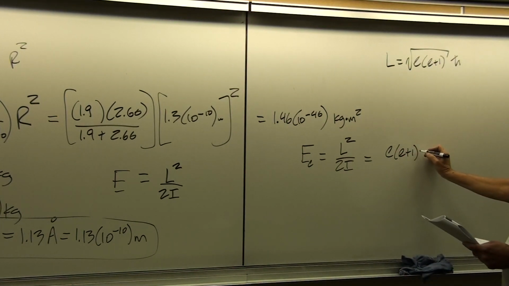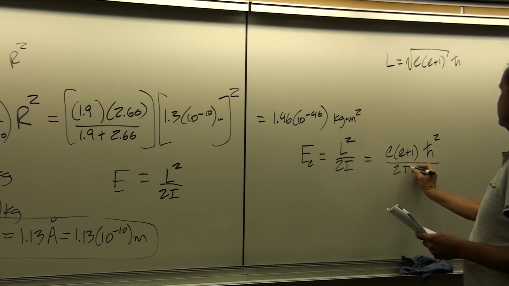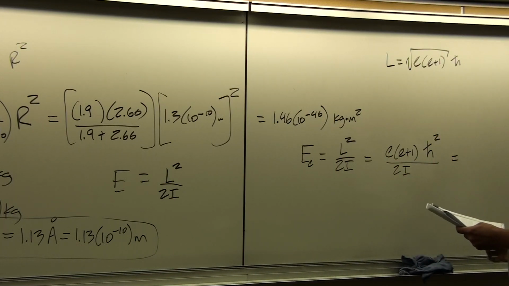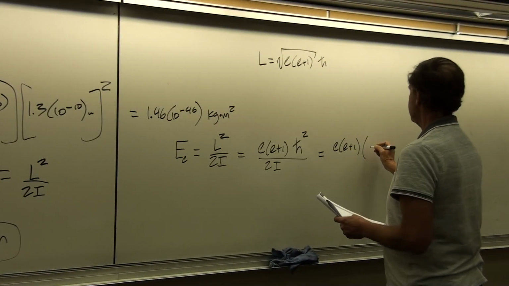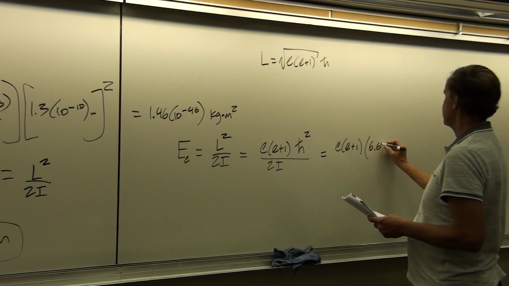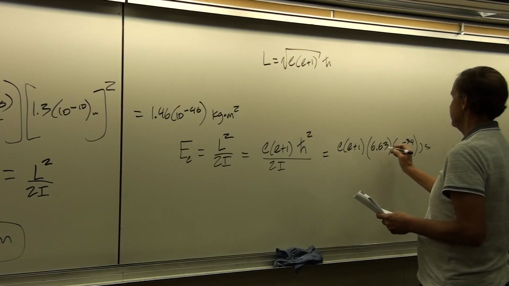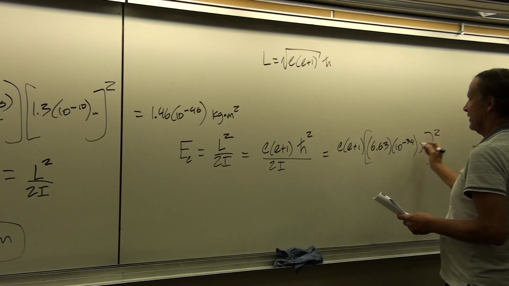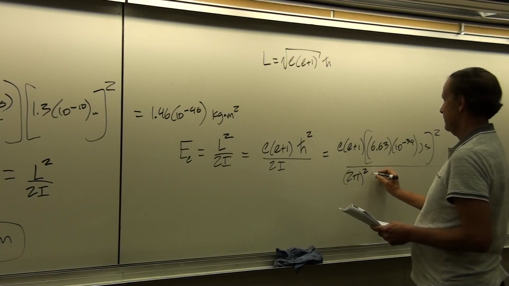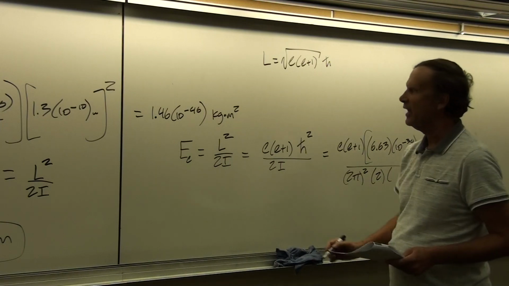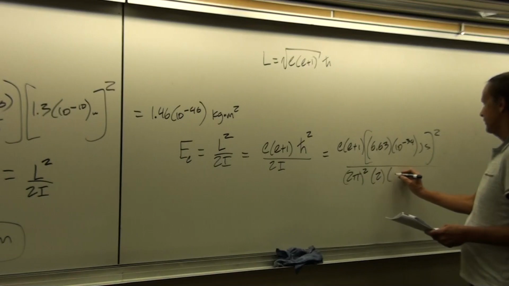So that gets rid of the square root here, but then we have an h bar squared on the outside divided by 2I. And so that'll be L times L plus 1 times h bar squared. That's 6.63 times 10 to the minus 34 joule seconds squared divided by 2 pi squared times 2 times I. And then I is this value, 1.46 times 10 to the minus 46.